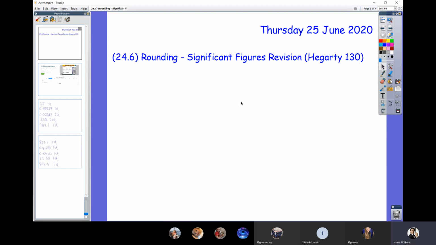So these sort of rounding topics are ever so important because they just crop up everywhere. So today we're going to be revising what significant figures are all about. And your subsequent homework will be Hegarty 130, please.